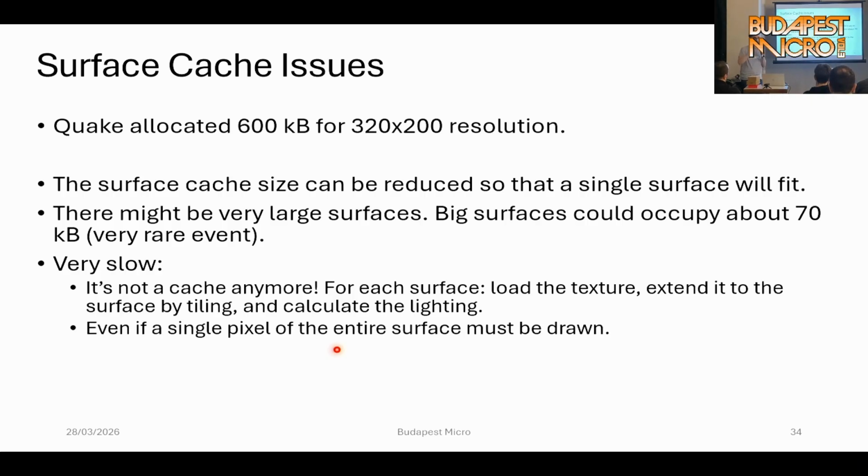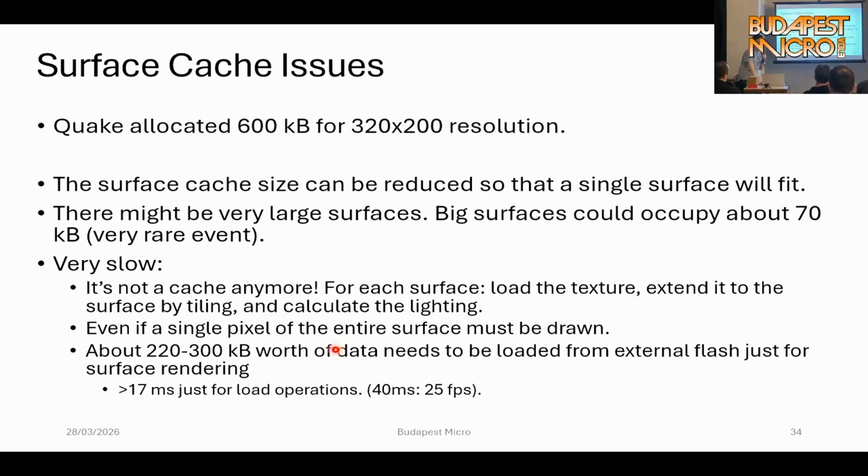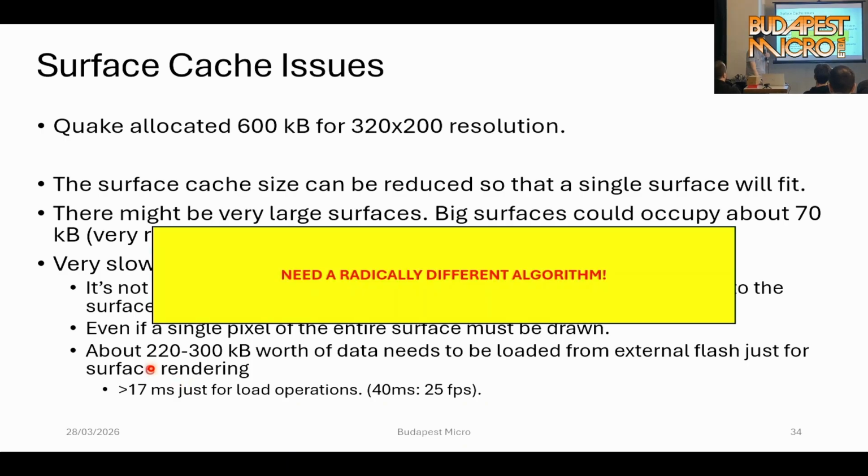And this happens even if a single pixel is going to appear in the frame. So I profiled that between 220 and 300 kilobytes worth of data need to be loaded from the external flash just for the surface rendering, which means at least 17 milliseconds just for load operations, by the way, on the overclocked device. So we need a completely different algorithm.